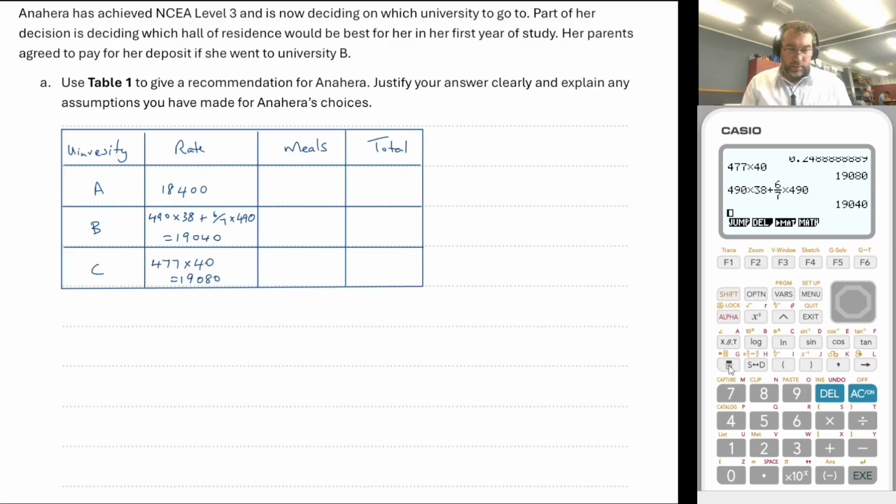The meals for University B are included, so we don't need to put anything into there. The meals for University A are included for 2 meals, but not for the third meal. So we need to do a calculation for that. So that's going to be $15 per day for the 40 weeks that they're there. So 15 times 7 times 40.